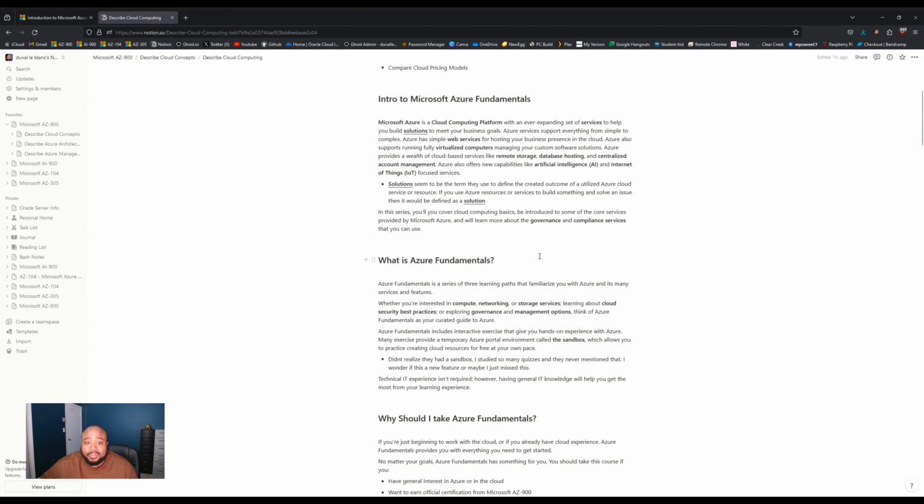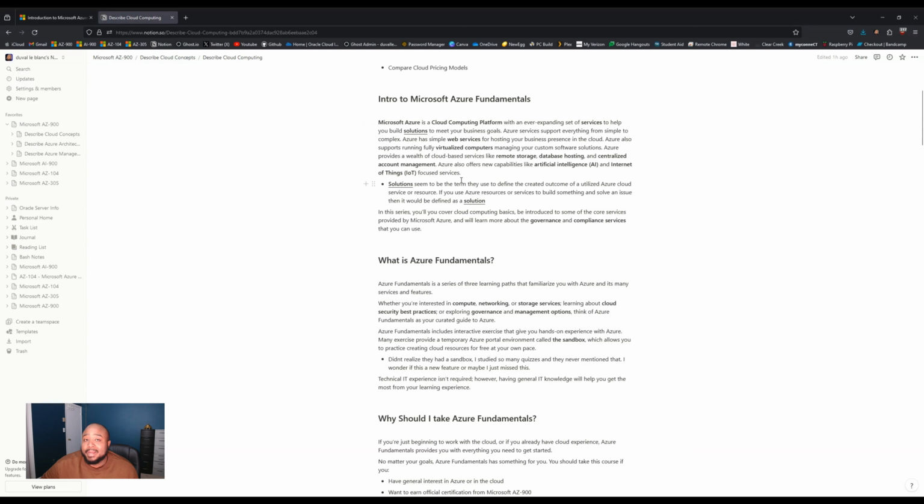And in my notes, I did that as well. One thing that I did write down from this is, it says Microsoft Azure is a cloud computing platform with an ever-expanding set of services to help you build solutions to meet your business goals. I noticed that when I look at a lot of Azure cloud stuff, and other people discussing it, they use the word solutions a lot.